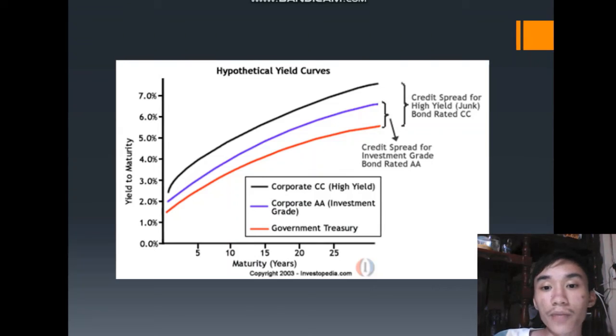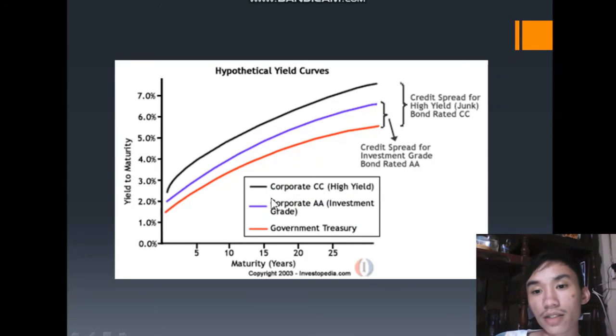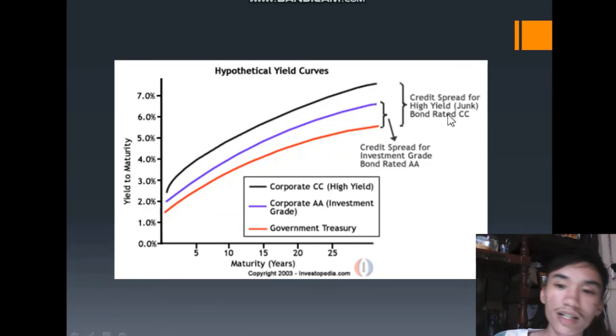Now lastly, we compare the corporate bond yield, the government treasury bond yield, and a corporate CC yield for a junk type of bond.